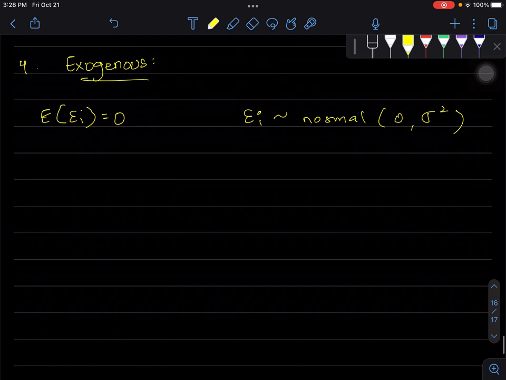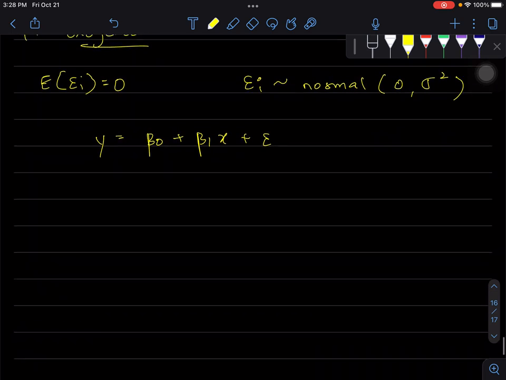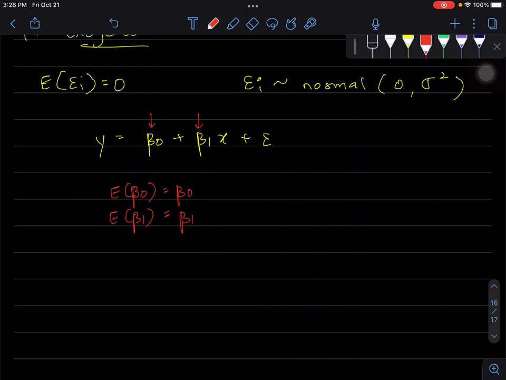Now why is that? Let's see, when we have the model as this and we have to write down the regression equation, since beta naught is a constant, the expected value of beta naught is just beta naught itself, right? And beta 1 is also a constant, so the expected value is beta 1.